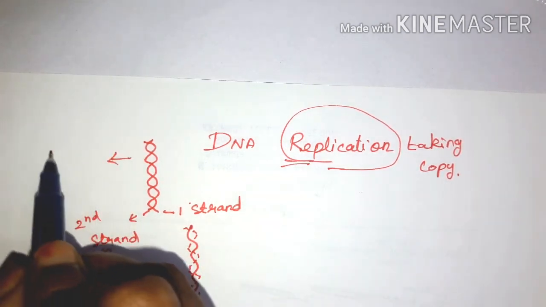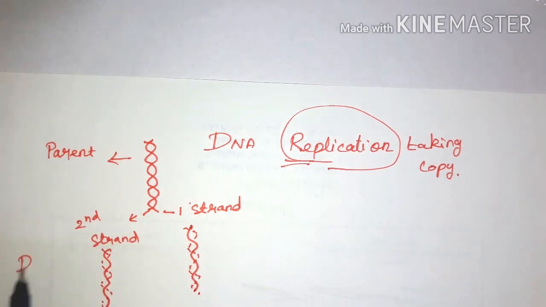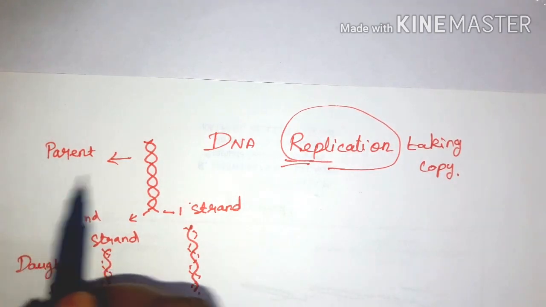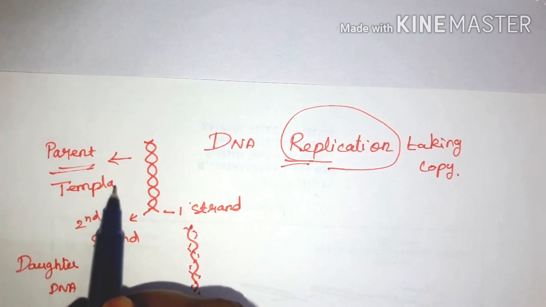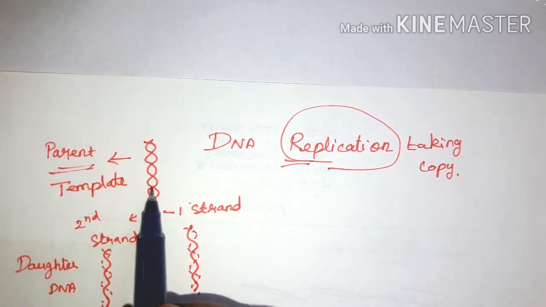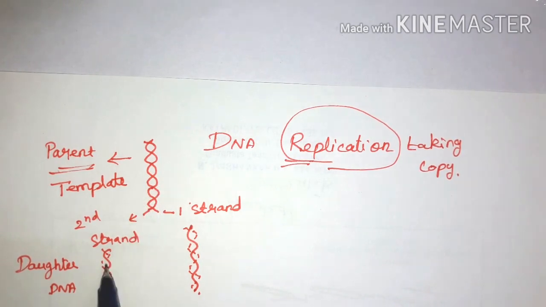It should be named as a parent and automatically this is said to be the daughter, or else the resultant one. This parent is acting as a template. Template in the sense carrying genetic characters that are to be transported towards the next generation.